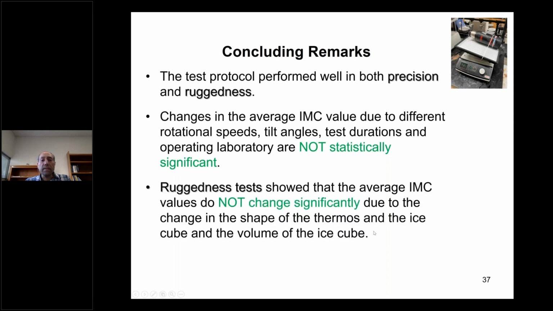And also, ruggedness tests showed that the average ice melting capacity values do not change significantly due to the change in the shape of the thermos, shape of the ice cube, and the volume of the ice cube.